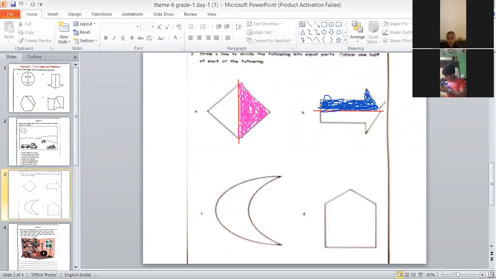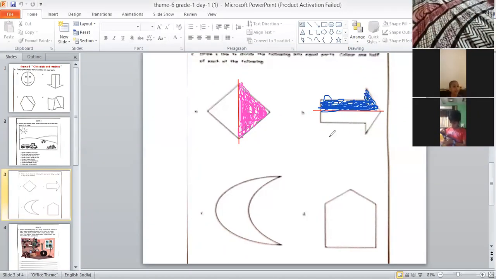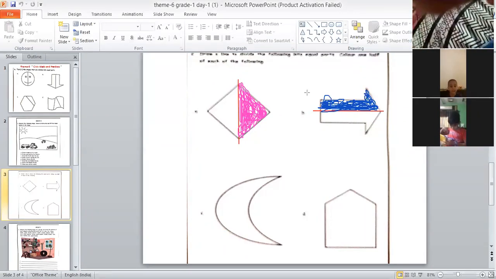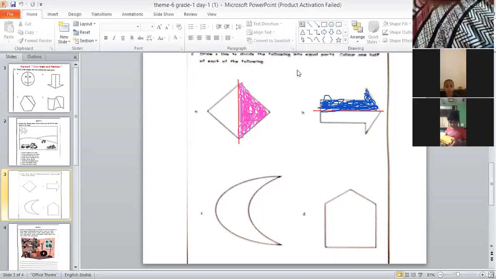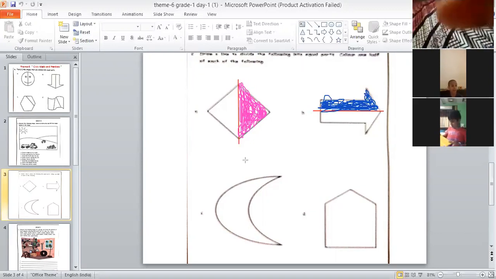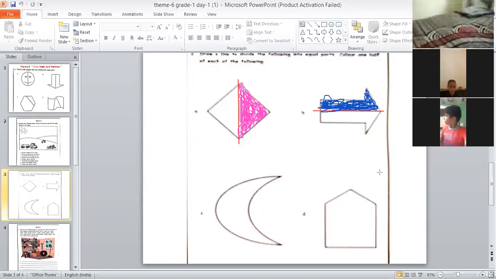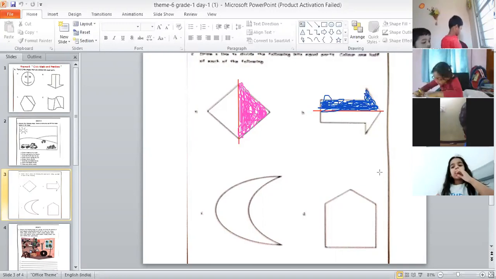Arhan? Yes, ma'am. Arhan, now second shape looks like a moon, right? Yeah. Okay. Now Arhan, tell me, how should I draw a line to divide this shape into equal parts? Horizontally or vertically?